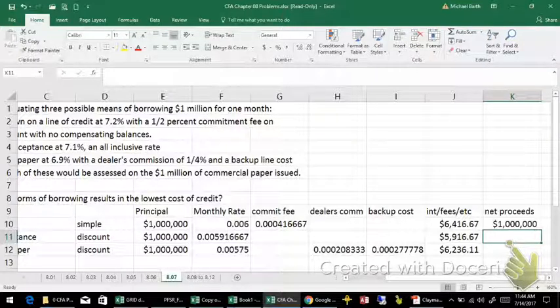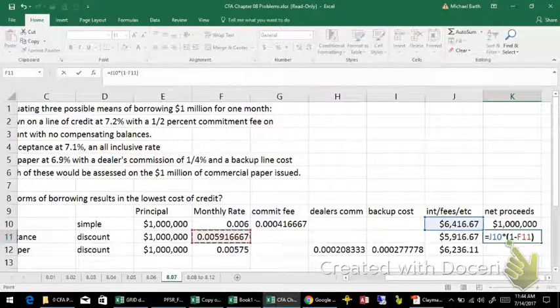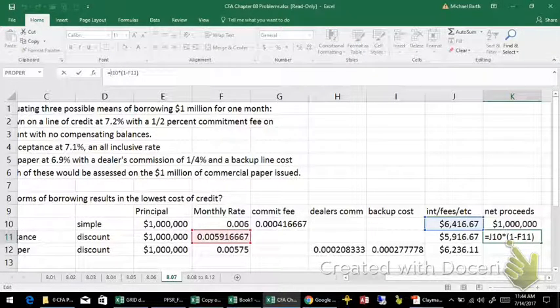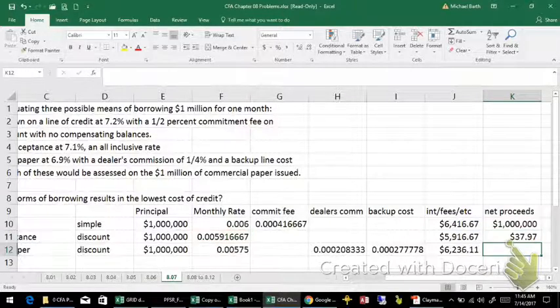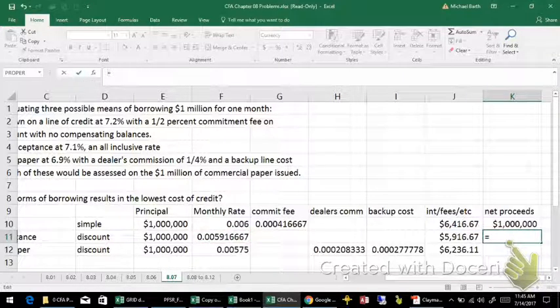So for these other loans, the net proceeds equal the principal, but I won't get $1 million, minus the interest rate times the principal.